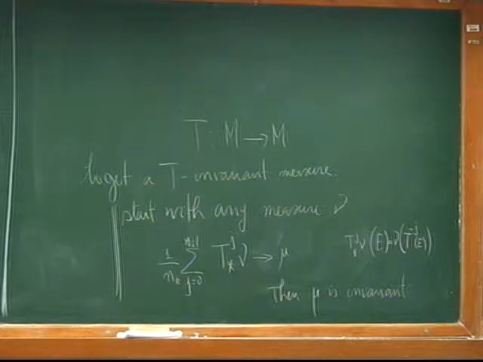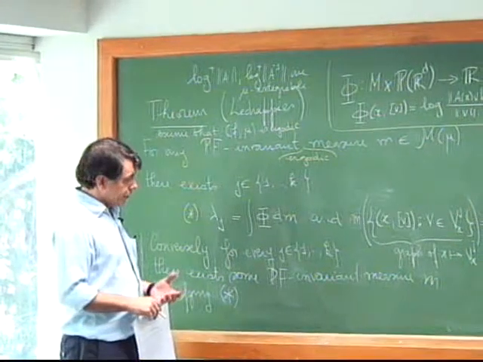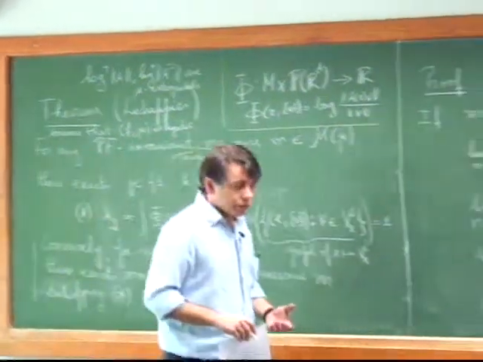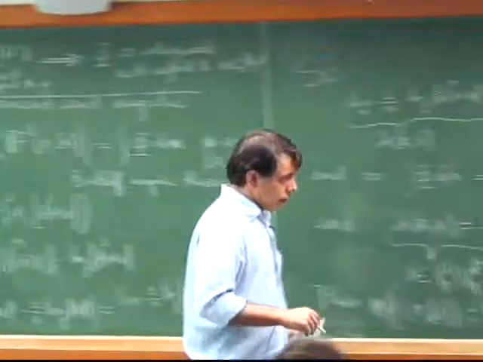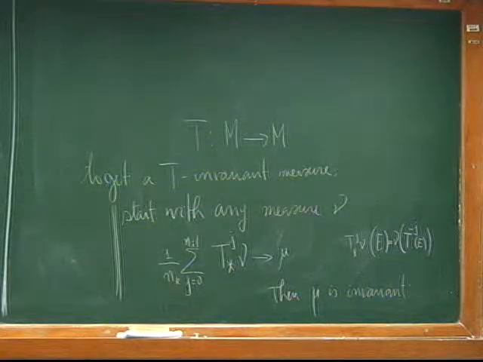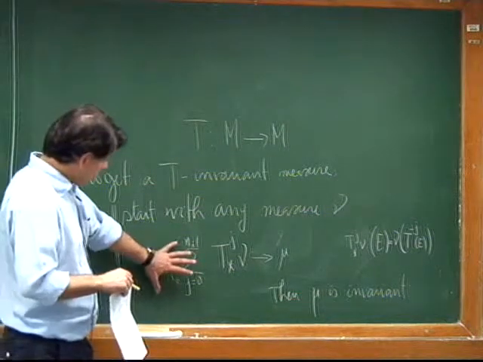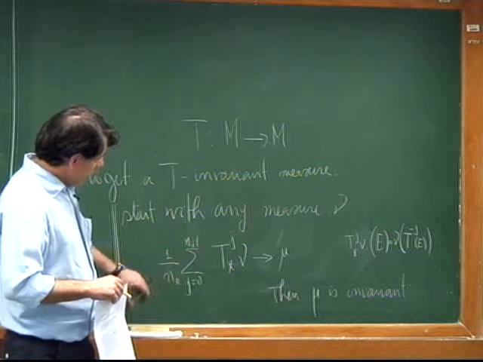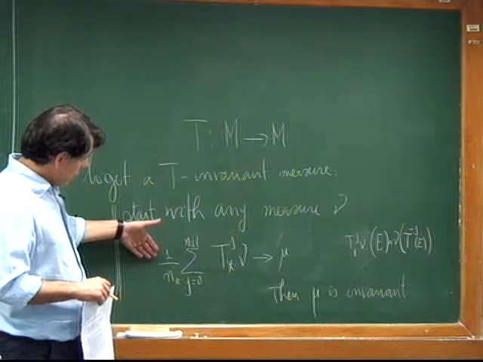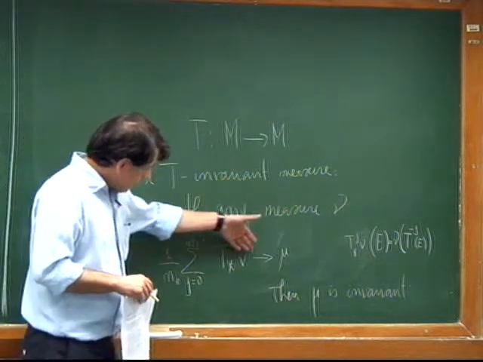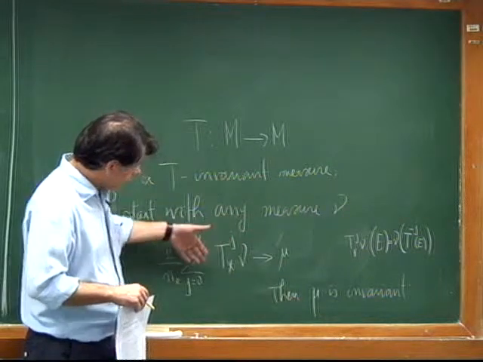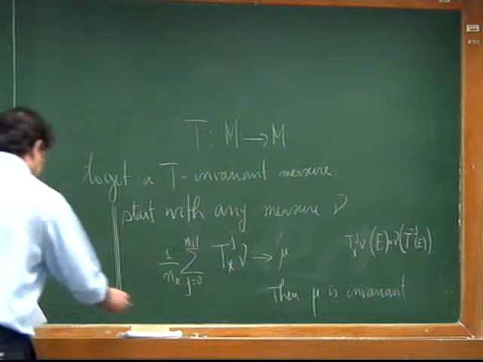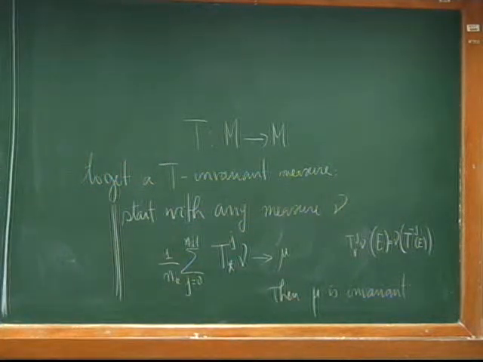But of course, if you are going to do this in a particular case, you have to justify the steps. You have to prove compactness in order to be able to use this subsequence, and you have to check that indeed any accumulation point of the Cesaro averages is invariant. But this is one example of one situation where that strategy works.